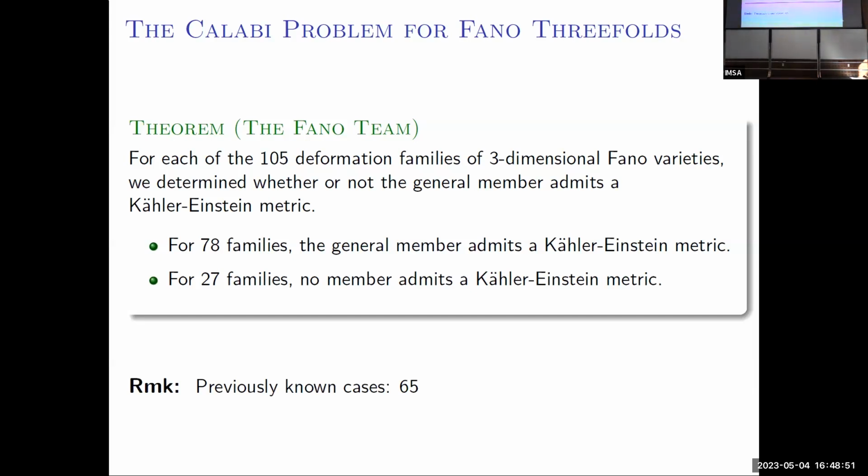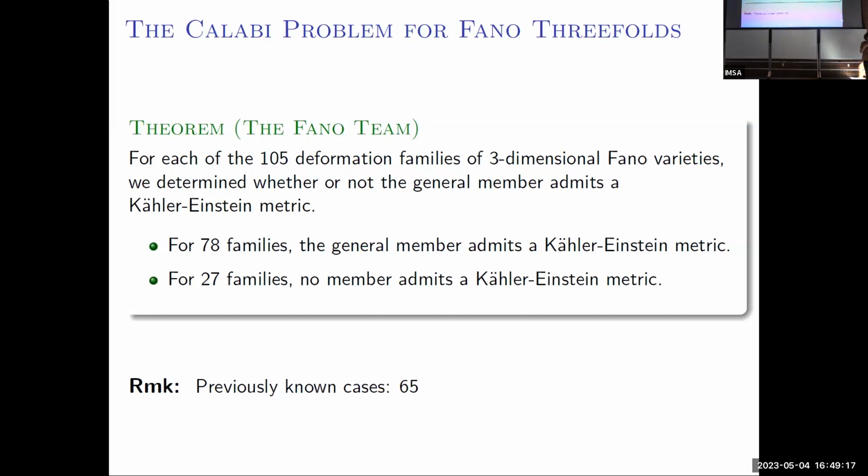For 65 of the families, the answer was already known, and this was because for some special classes of Fano, we had good criteria. For instance, for products: if you have a Fano variety that is a product of Fano varieties, it will be K-polystable if each factor is K-polystable.